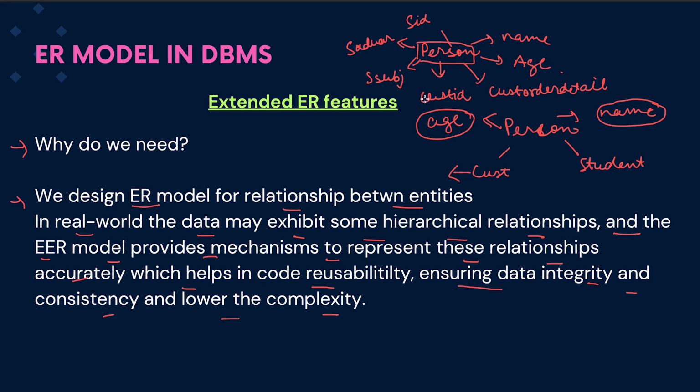But when we come to customer, there are some distinctive attributes which only the customer has, the student doesn't have, such as customer ID. So customer ID stays with the customer, and student subject with the student. So in this way, we are subgrouping the entities into different entities, and this kind of hierarchical relationship is being established.